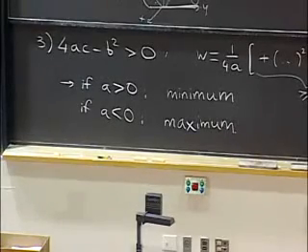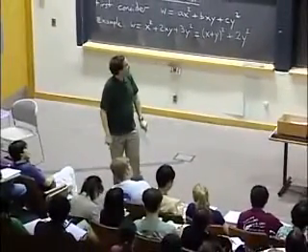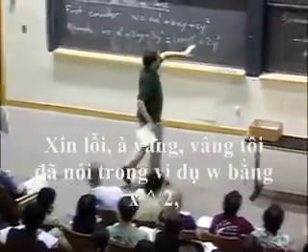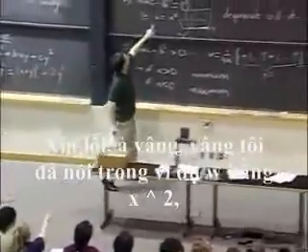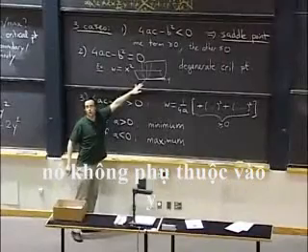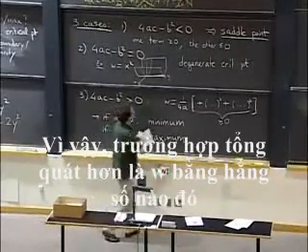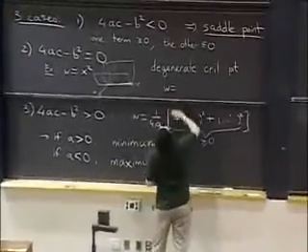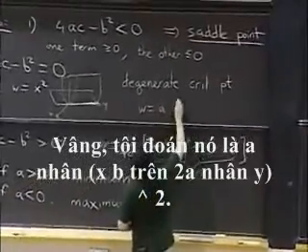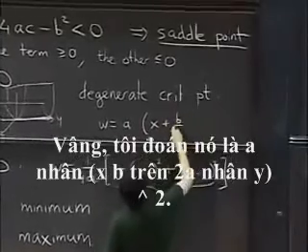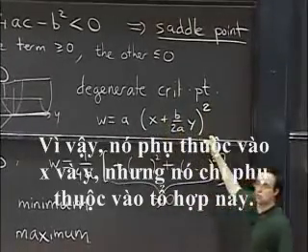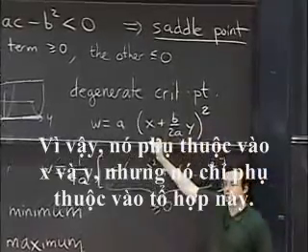Yes? In your second case, you said that it did not depend on y because 4ac minus b squared equals 0. So yeah, I said in the example w equals x squared, it doesn't depend on y. The more general situation is w equals some constant a times x plus b over 2a times y, squared. So it does depend on x and on y, but it only depends on this combination.